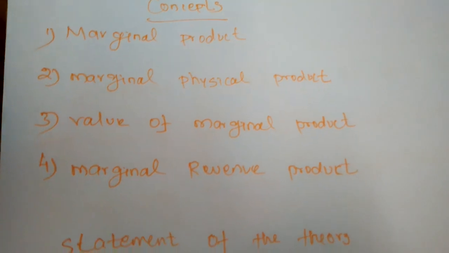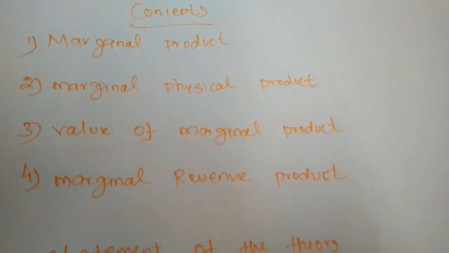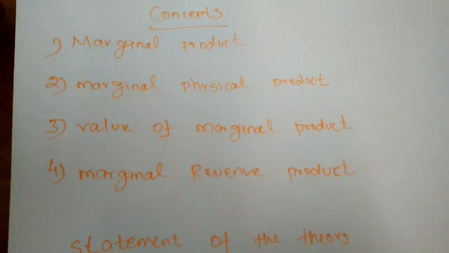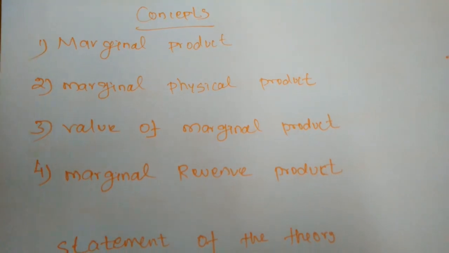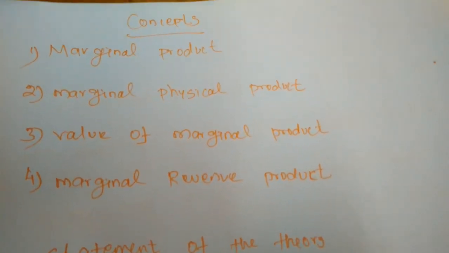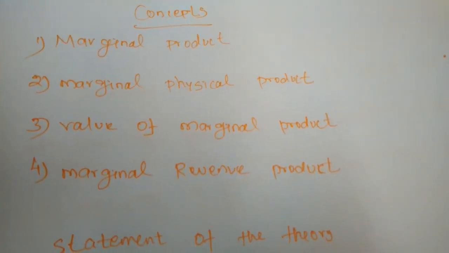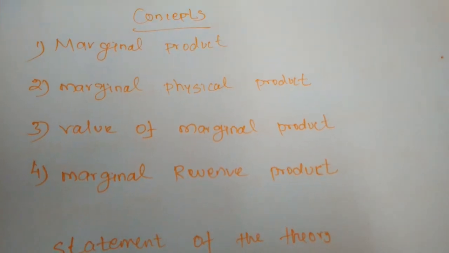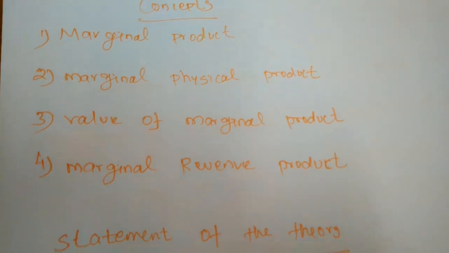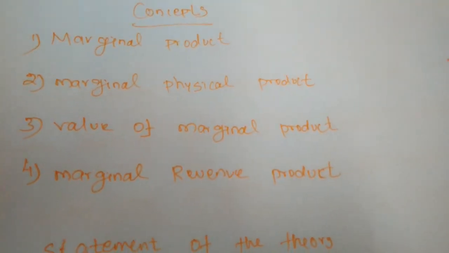For the production process, the producers arrange some units of labor, and those units of labor produce some units of commodities. If you add one more unit of labor, it also produces one more unit of commodities. So the last unit of product is considered the marginal product.